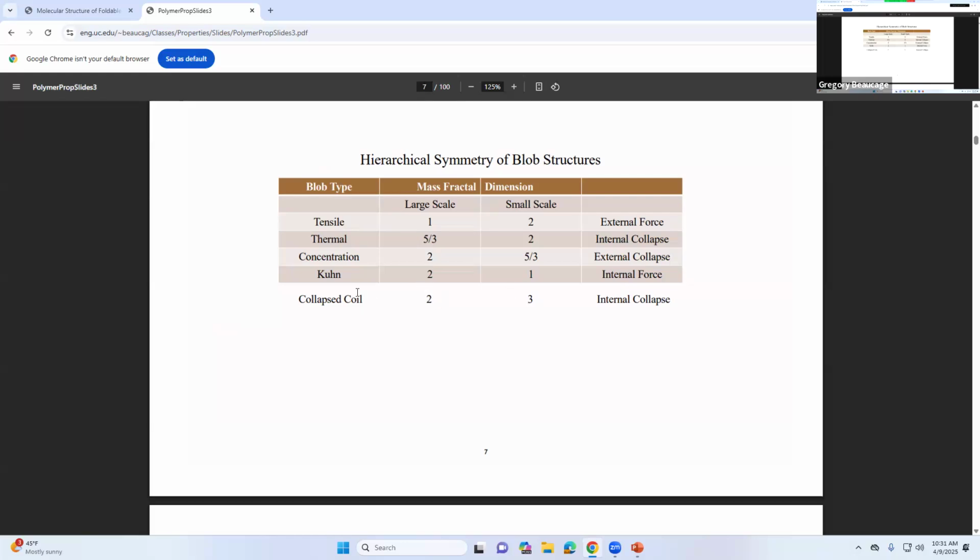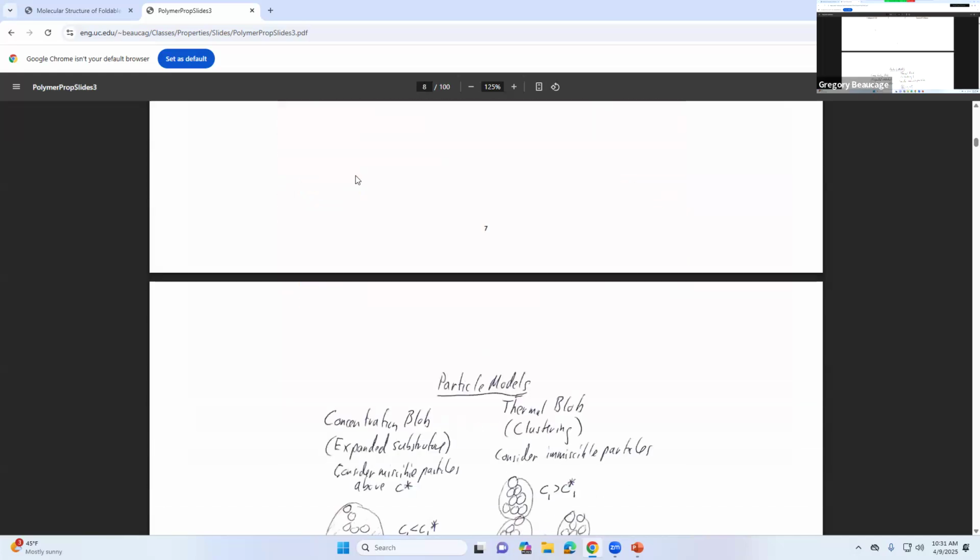So the collapsed coil is another kind of blob, and I think he calls it a collapsed coil blob or something like that, for the Russian guy that did that. So you can keep adding on. Like I said, there's an electrostatic blob too that Colby talks about at Penn State, right? So people are adding on more blobs as time goes by, I guess. But this is the picture of it.